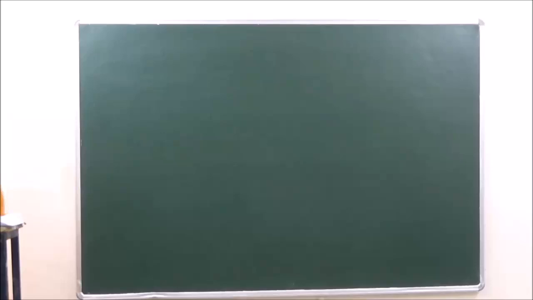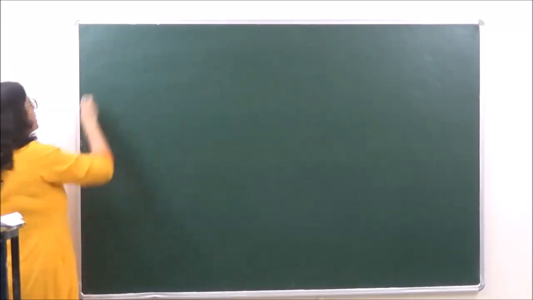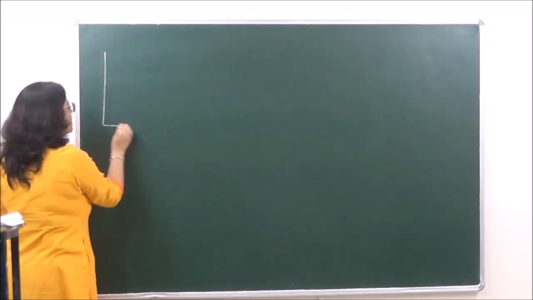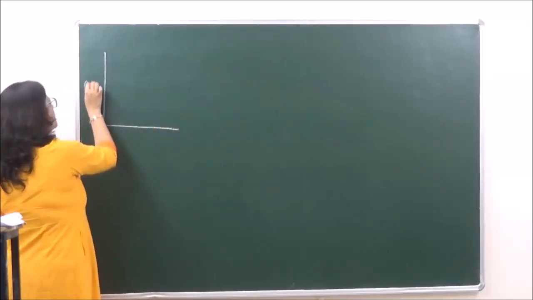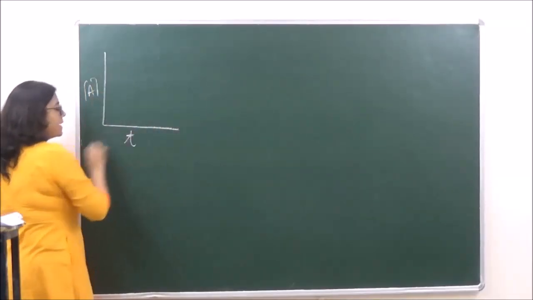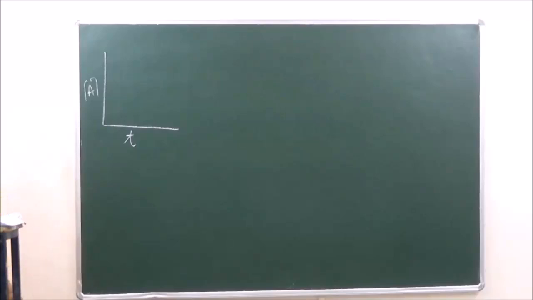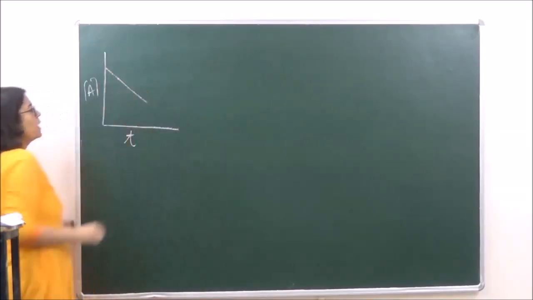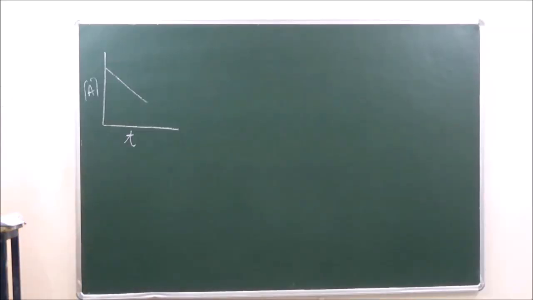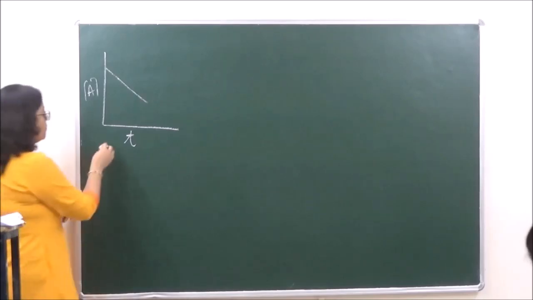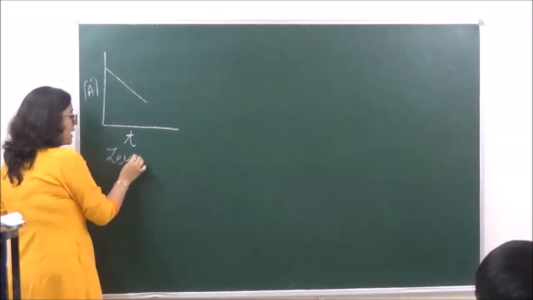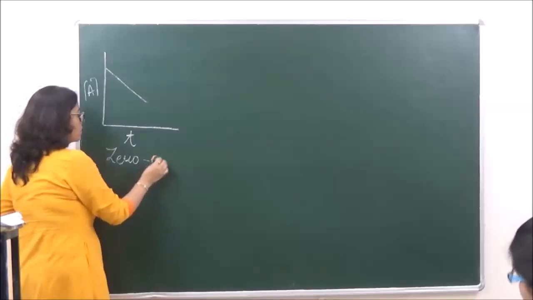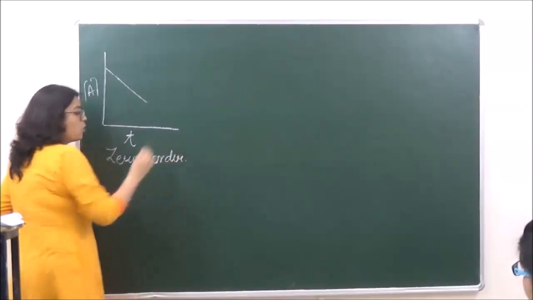When we are drawing a graph between concentration of the reactants and time, experimentally determined, if the graph is given to you like this, and they are asking to determine the order of the reaction, then the graph like this is for zero order reaction.